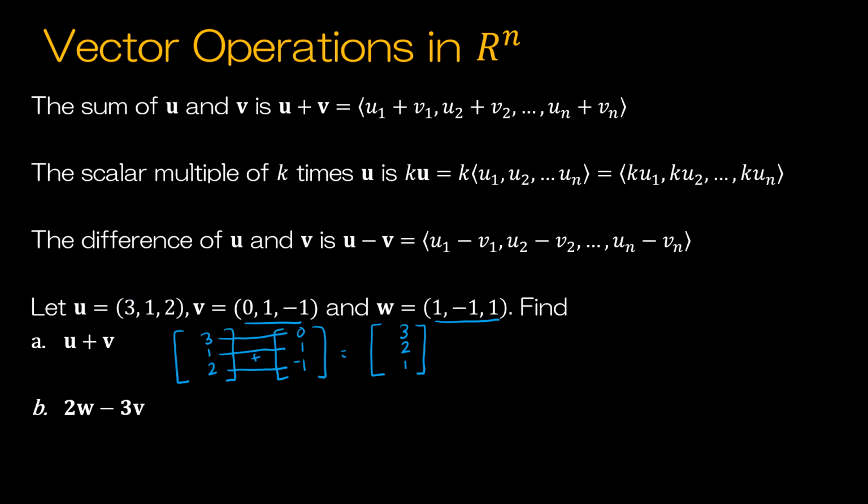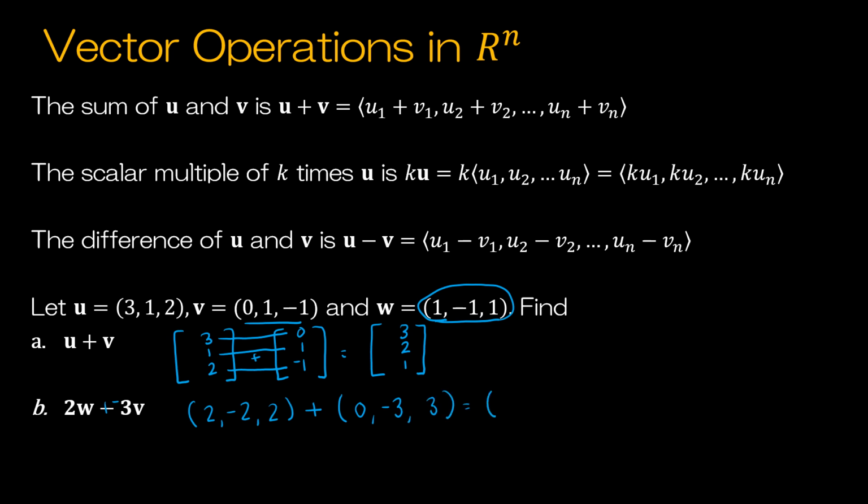For B, notice we've thrown in a scalar multiple and a difference. So 2w would be taking w, everything in there times 2, so 2, negative 2, 2. And then we're subtracting 3v. So I'm going to do what I always do, which is make it plus and take v times negative 3. Negative 3 times 0 is 0, negative 3 times 1 is negative 3, and negative 3 times negative 1 is positive 3.